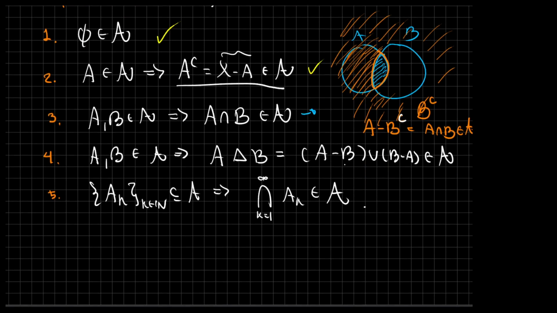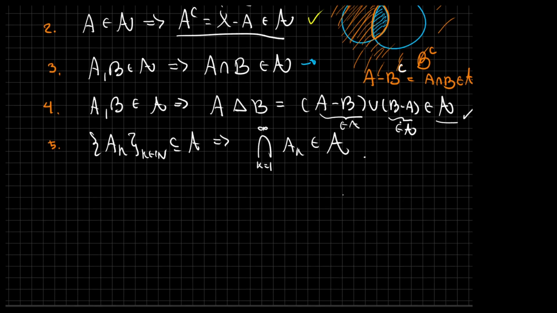Then for the fourth property, you know the differences by definition are always in the algebra. Finite unions are always in the algebra also, because sigma algebras are algebras. Then this is in the algebra, so this holds. And for the last property, if a family is in the algebra, then we can write some other family here. And this will also be a family in the algebra because for each element its complement is in the algebra.